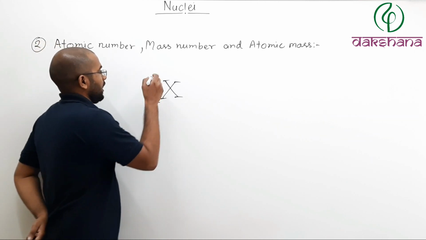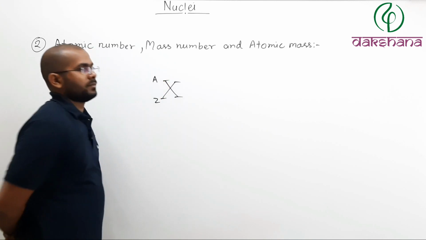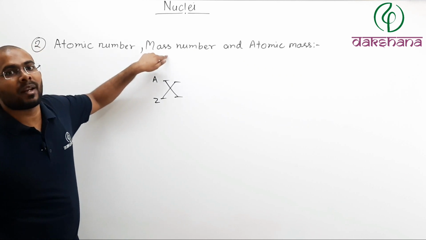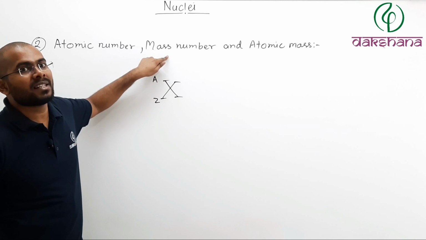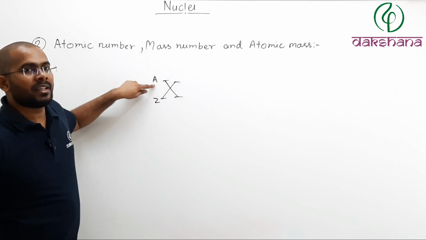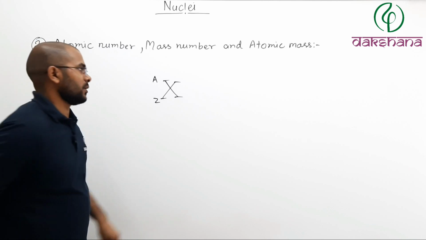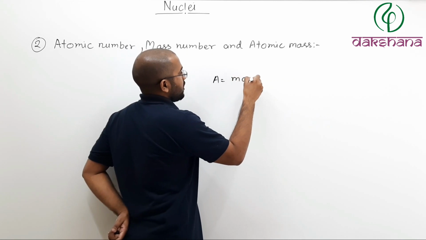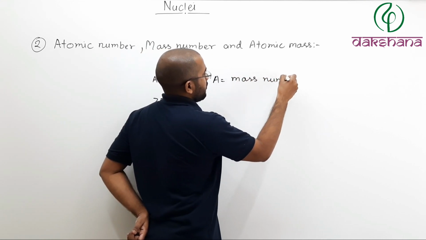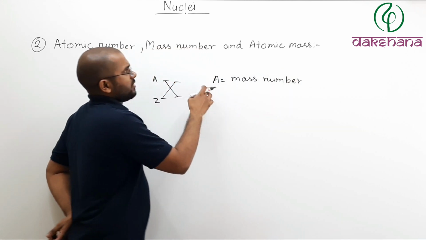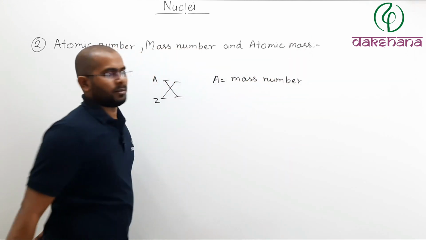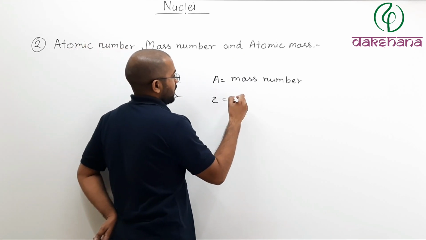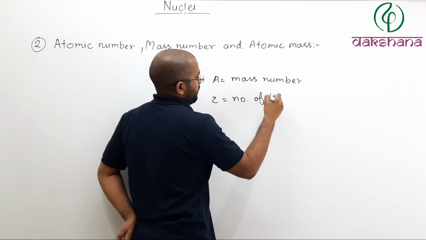And on the left upper side, you will write A. A is your mass number, not atomic mass. A is the total number of protons plus neutrons. Sometimes students get confused and take A as atomic mass. No, A is not atomic mass. A is mass number. And Z is the number of protons.